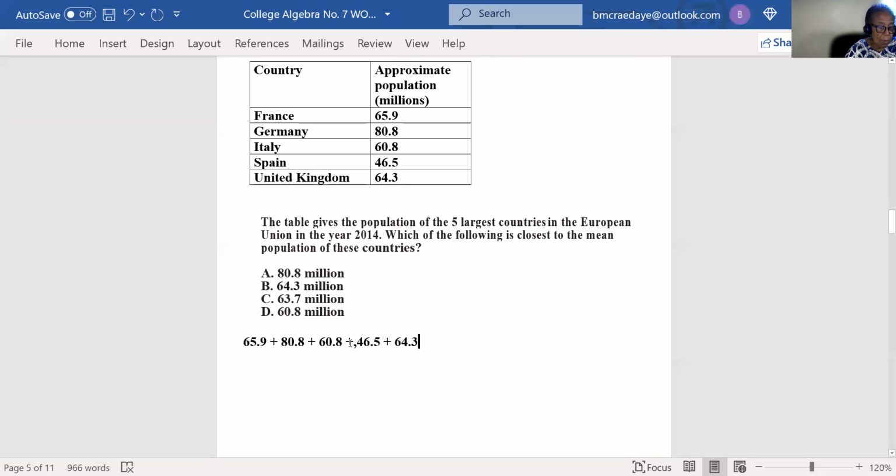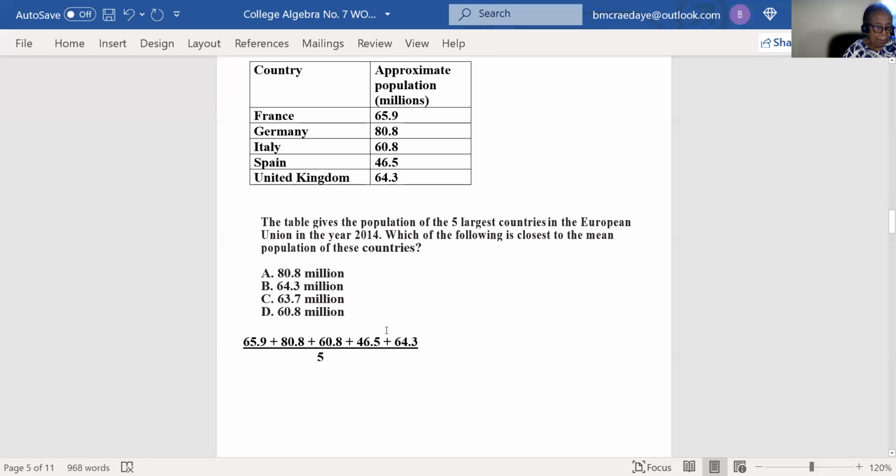Take that comma out. We don't need a comma there. Now we will divide by how many countries? There are 5. So that total, we would divide that by 5. So let's divide by 5.